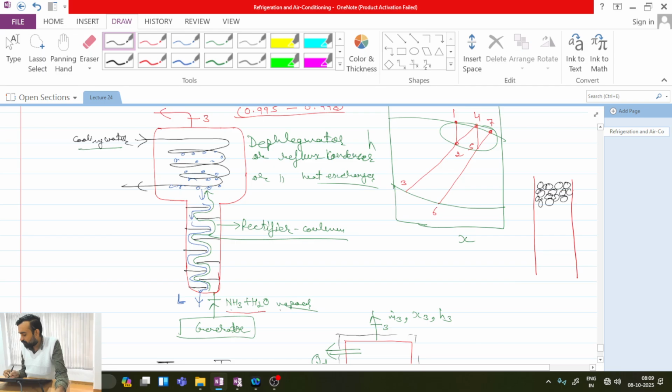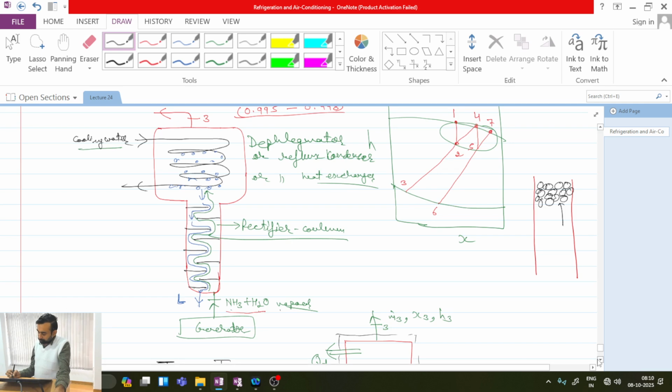So in this case, what can happen? The vapor medium will pass through the interstitial spaces and rise through the pores in the upward direction, and liquid will fall in the downward direction. So instead of these plates, ceramic spherical balls can also be put inside the rectifier column. This can be another configuration.